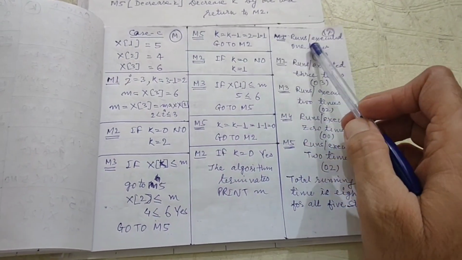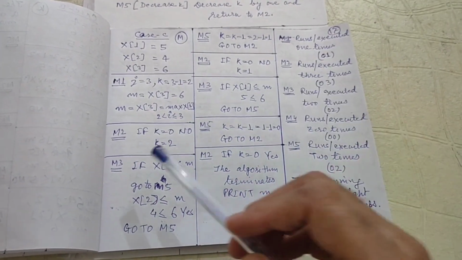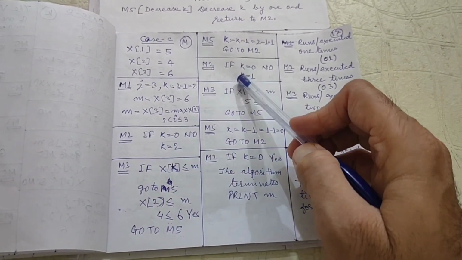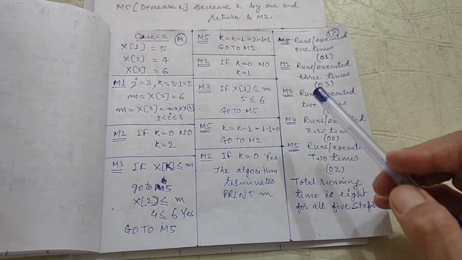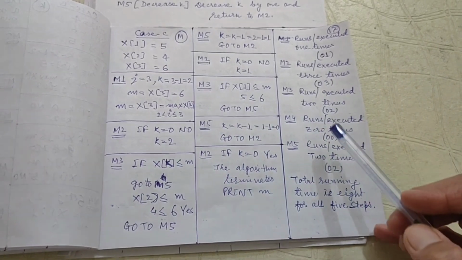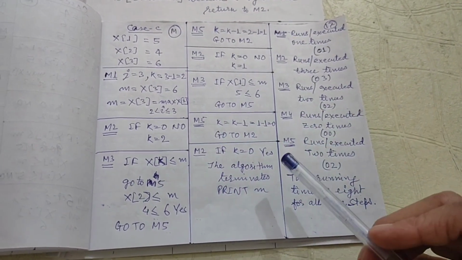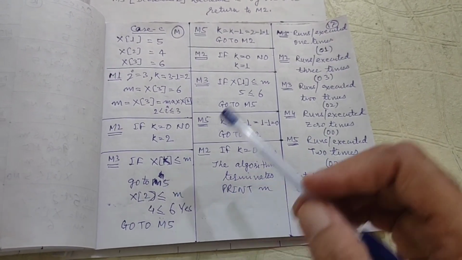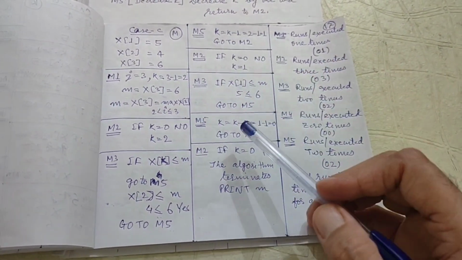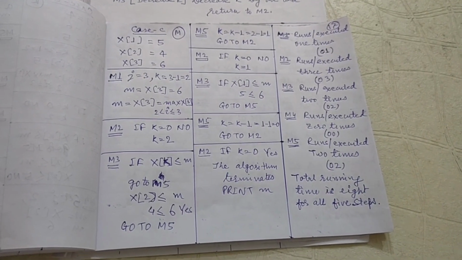So M1 runs 1 time, M2 runs 3 times, M3 2 times, M4 0 times, there is no M4, M5 2 times. So total running 8 times.